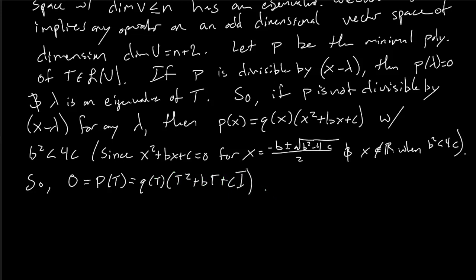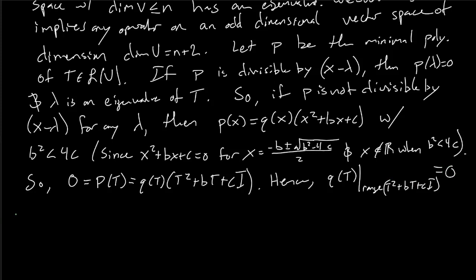Hence, q of T restricted to the range of T squared plus bT plus cI is equal to 0.